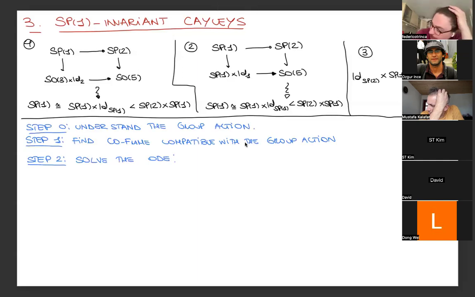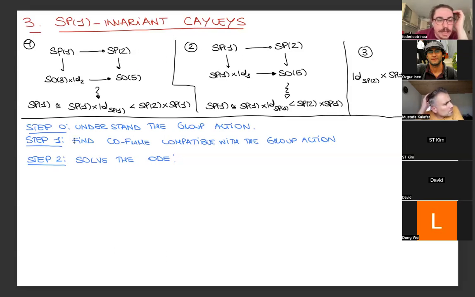Now, as in Jason and Spiegel's paper, what we need to do is to understand the group action first. It was a trivial step in Jason and Spiegel's paper, but here it is a little bit more involved, because we have to understand how the subgroups lift to the double cover.